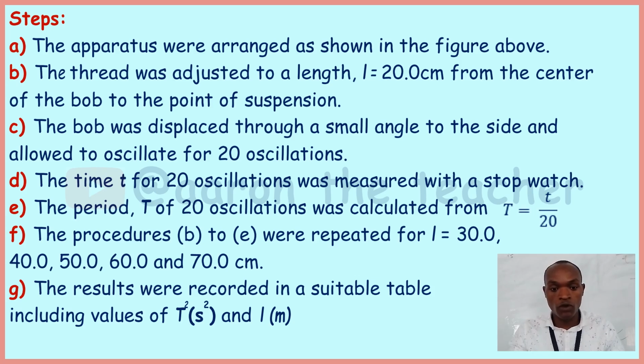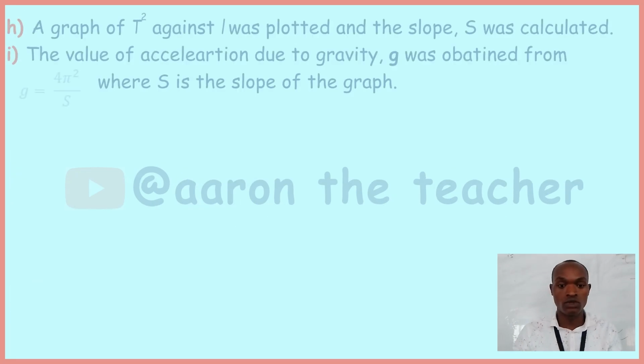Procedure G: we are having the results recorded in a suitable table, including values of T squared and L in meters. I've included that column to ease my work, so take that into consideration.